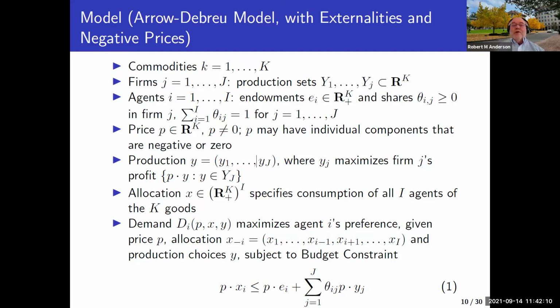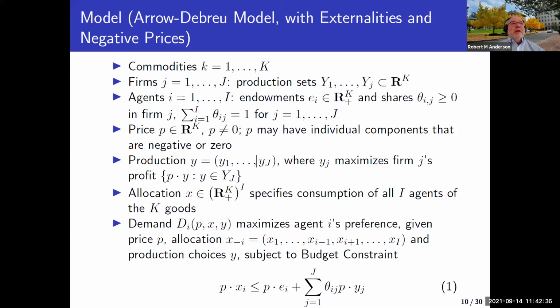So I've got capital J firms, and their production sets represent the set of vectors that they can take, with the negative components as inputs and produce the positive components as outputs. I've got capital I agents, and they're endowed with a non-negative endowment vector.